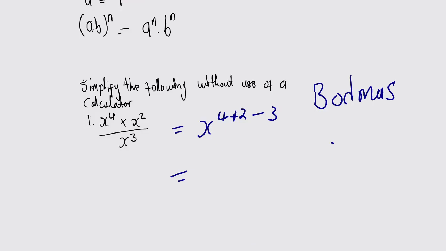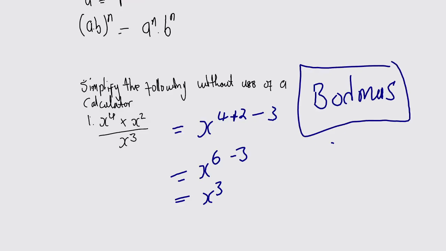So which is going to be x to the power 6 minus 3. Then your last answer is going to be x to the power 3. So it's the same. This is a shortcut, but don't forget this BODMAS rule. It's a high school thing, but it's very important for you to remember this rule.